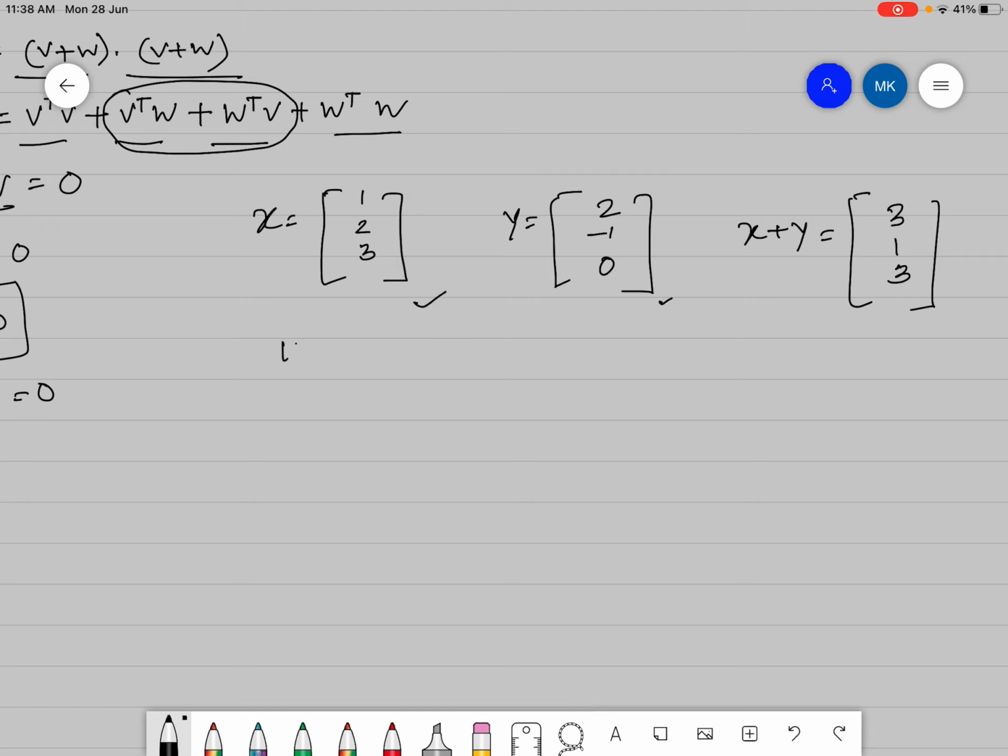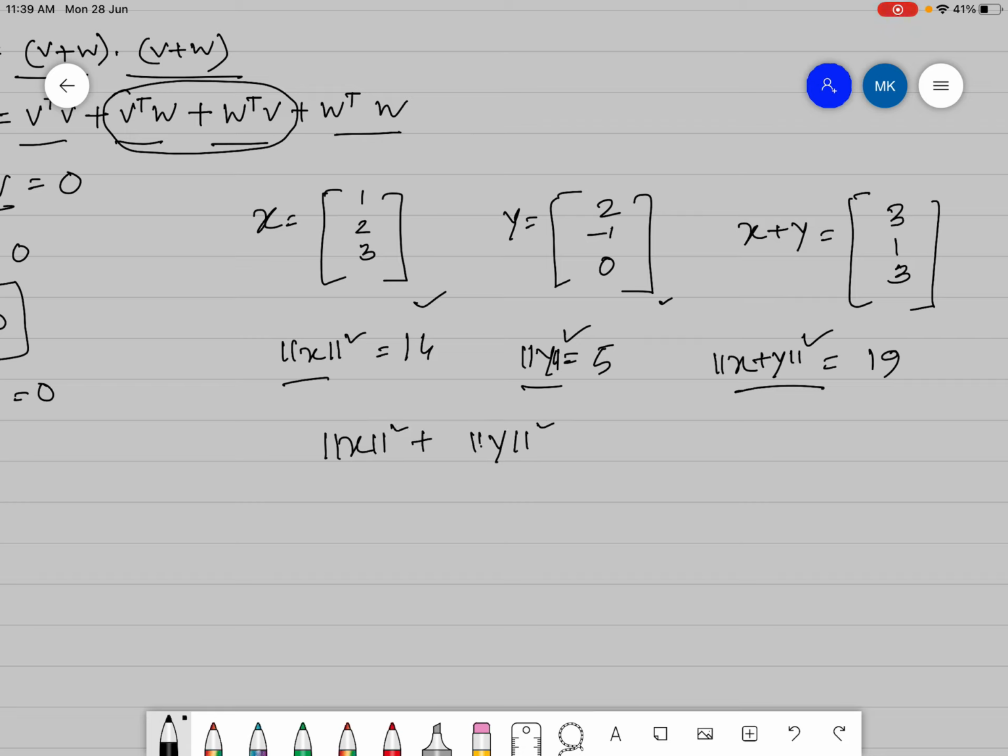You'll see that the value of x is basically 14, the value of y is 5, and the value of x plus y is 19. There will be squares here, their individual dot products. So you see that x square plus y square equals x plus y whole square. So the orthogonality of the vectors is clear.